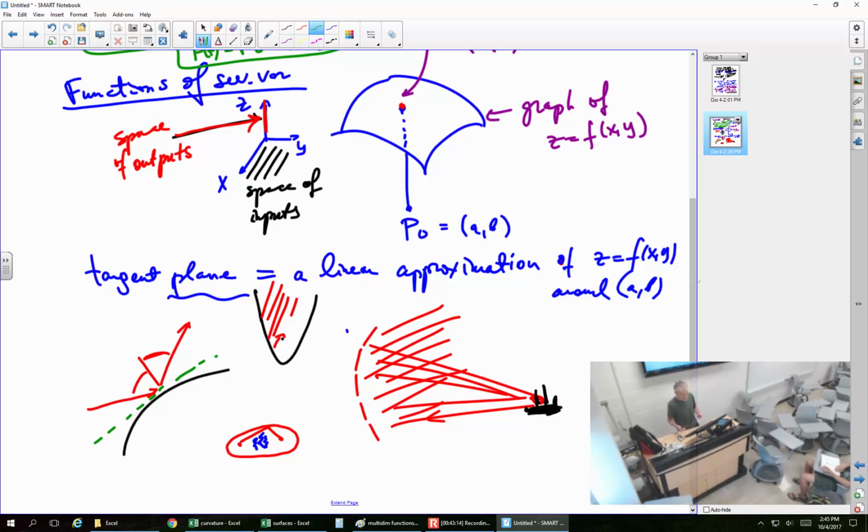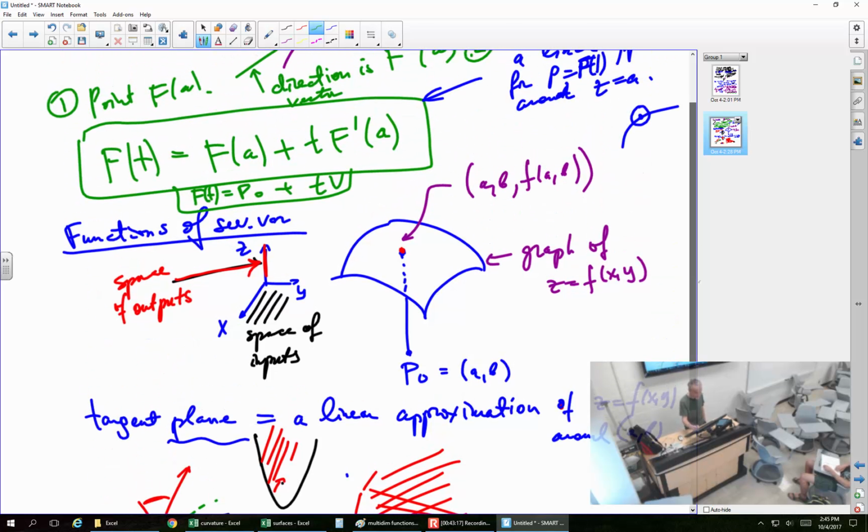So the equation of the plane is what we want, in a manner very similar to this. A point and a vector is sufficient to define a line, and in this particular case, what we're going to do is slightly different.